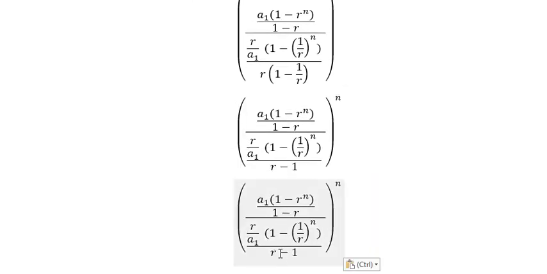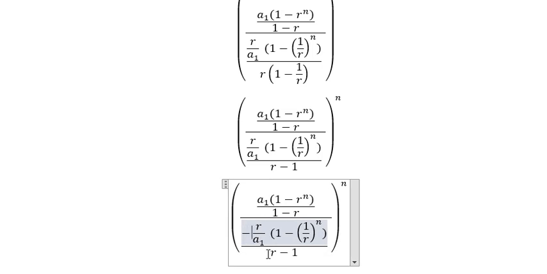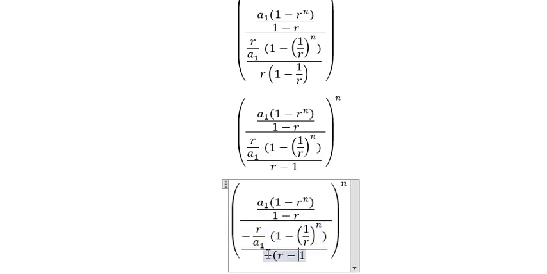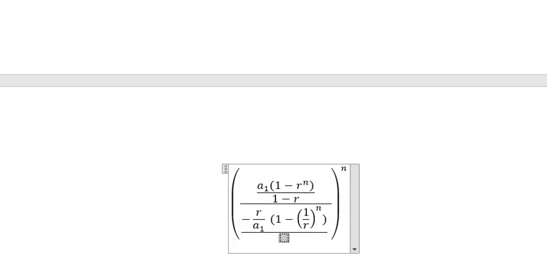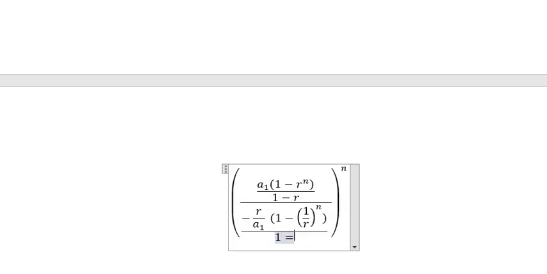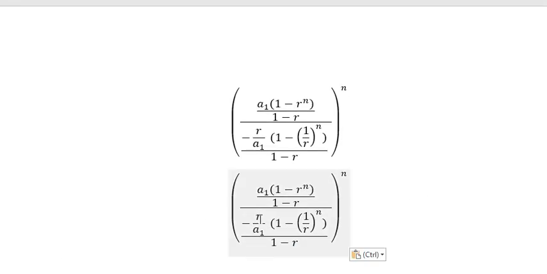This one is r minus 1, so I will put the negative on the numerator and denominator. So this one we have 1 minus r, because we just change the sign of r minus 1 into 1 minus r. And now we can simplify 1 minus r in here.